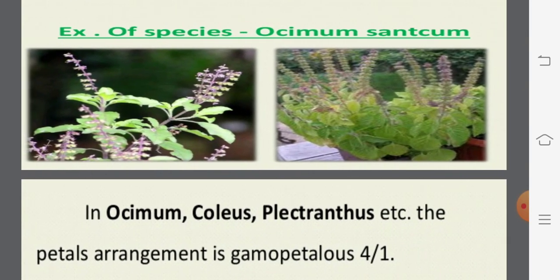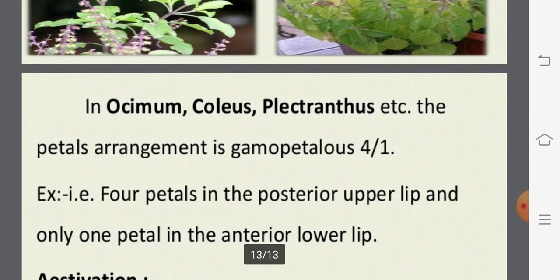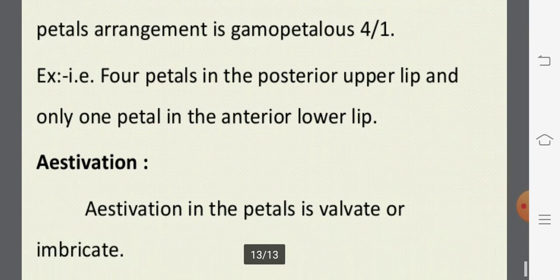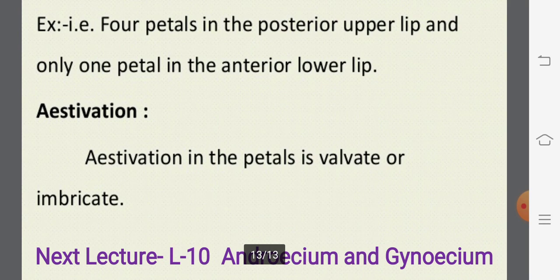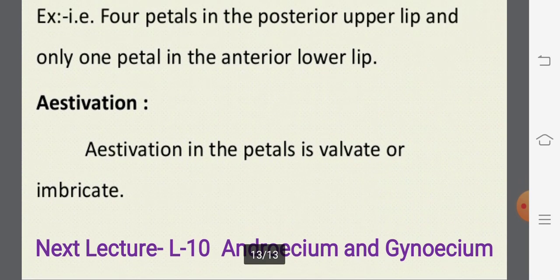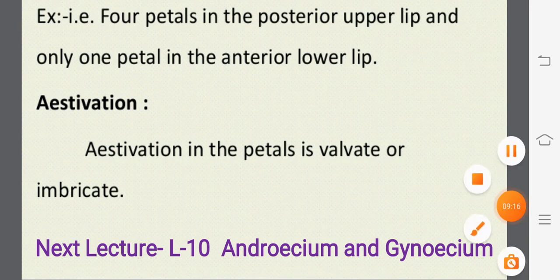This is a good photograph of Ocimum. Then Coleus and Plectranthus. These are the flower types, with 4 petals, and the main aestivation is valvate or imbricate in some. So this is today's lecture. In tomorrow's lecture we will see the Androecium and the Gynoecium. Okay, thanks to all.